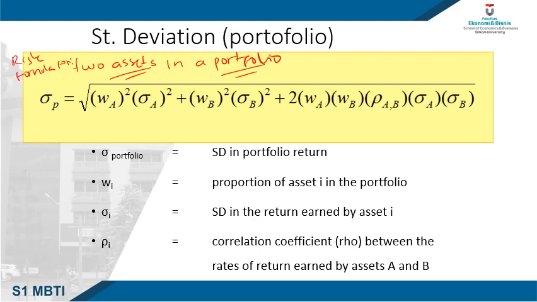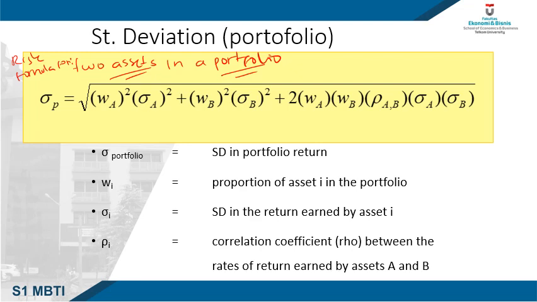You see here there are only 2, A and B. So sigma portfolio, or the standard deviation of a portfolio, is the square root of WA squared times sigma A squared.